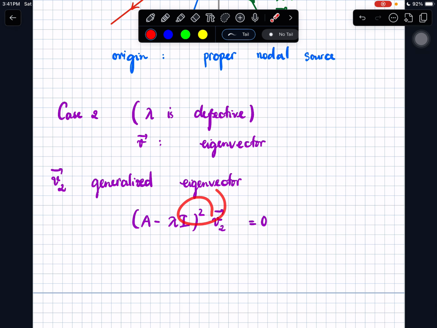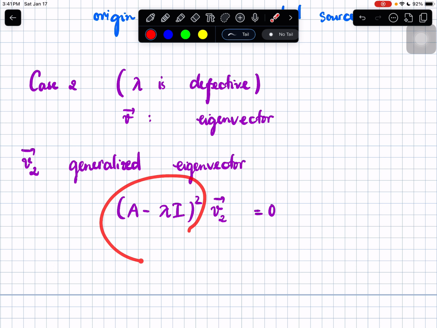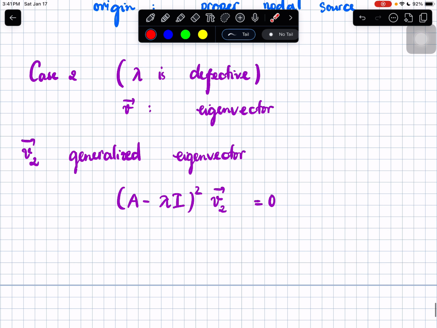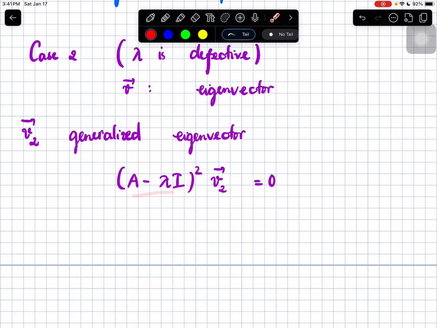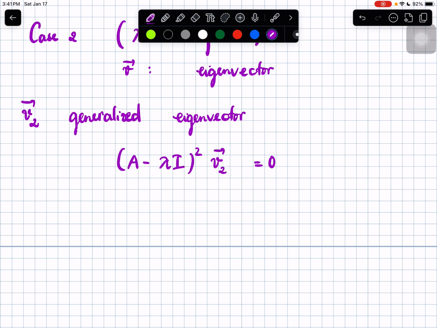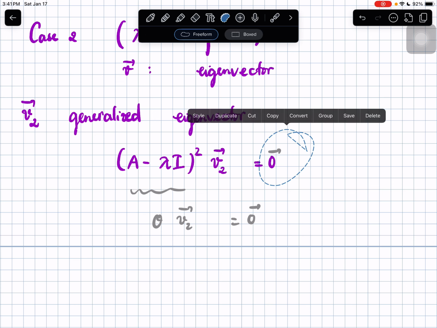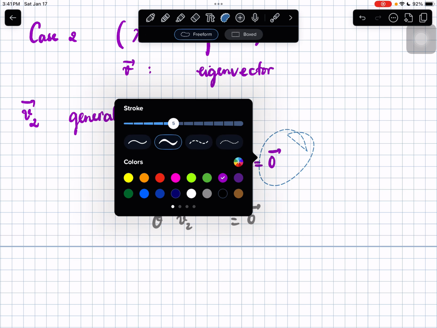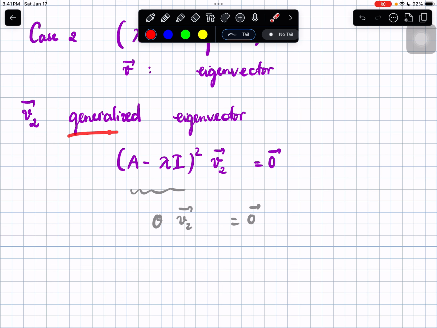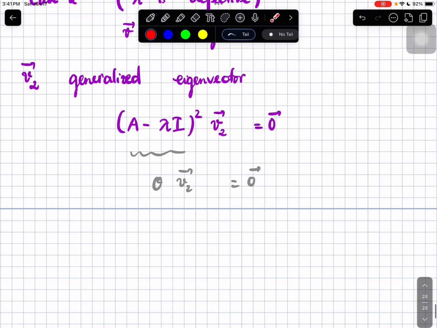When we raise the power to 2, it will be 0. It's always like that. So this is actually the 0 matrix times v2 equal to the zero vector. So v2 can be any vector, but it's a generalized one, so it's not the actual eigenvector.